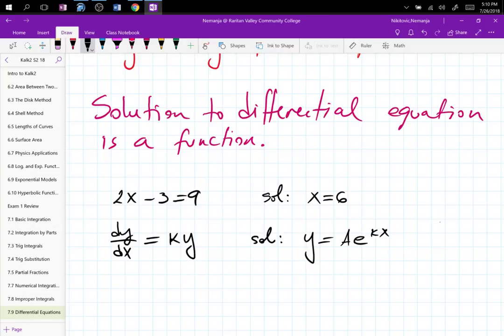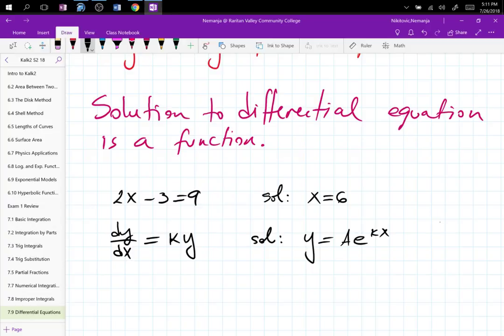The same thing now happens with differential equations. You have the differential equation, you have the solution to the differential equation, you will differentiate that answer, plug it on the left side, you will plug y on the right side, and you will see that the two sides are the same. Just like you get on top that 9 is equal to 9, on the bottom you will have that ke to the kx is equal to ke to the kx. So the first order of business for you to understand is that differential equations must contain a first or second or third or whatever derivative in order for it to be a differential equation, right?